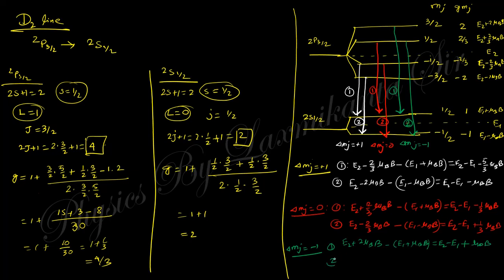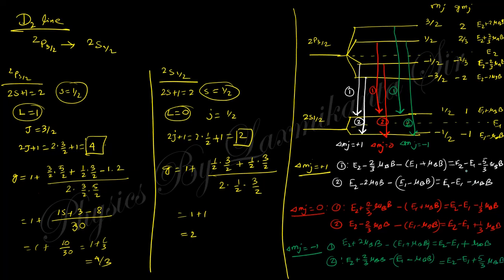In case of 2, this is E2 plus 2/3 mu B B minus E1 minus mu B B. So what will be the value? That is E2 minus E1, 2/3 plus 1, that is 5/3 mu B B. So these also are different.